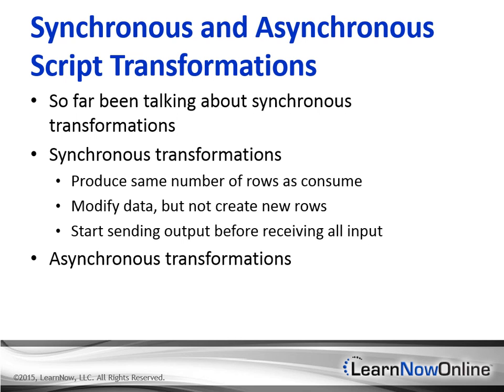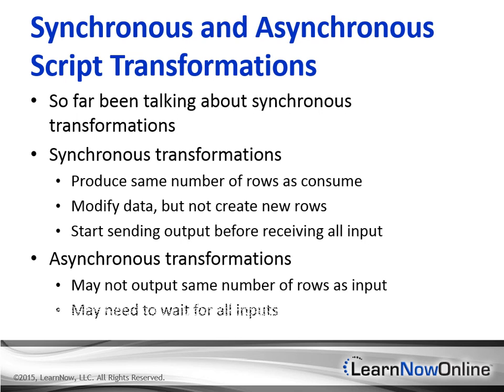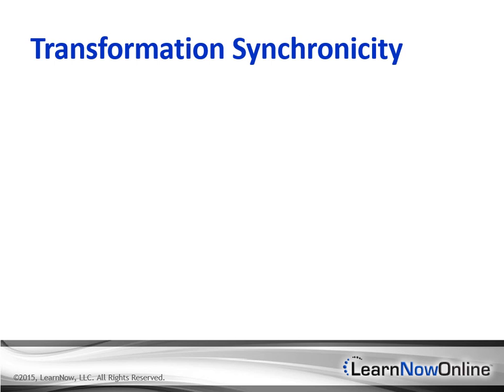Asynchronous transformations, on the other hand, may not produce the same number of rows as they receive, and may need to wait until they receive all input rows from upstream components before they send rows to downstream components. Now, to understand the difference between synchronous and asynchronous transformations, consider the derived column, aggregate, and sort transformations, the built-in transformations within Integration Services.